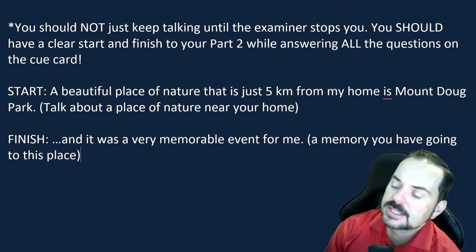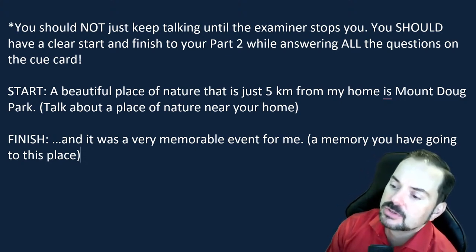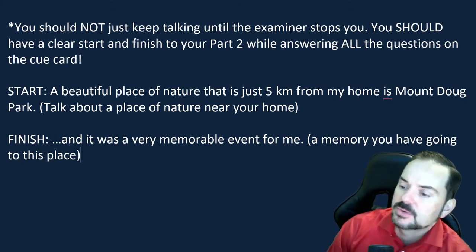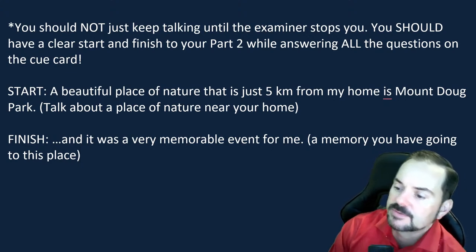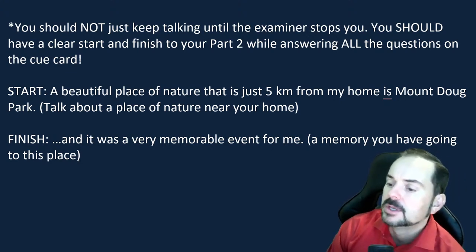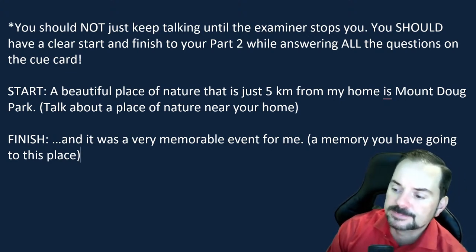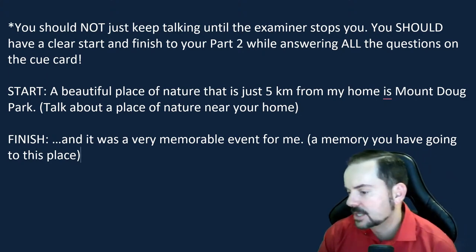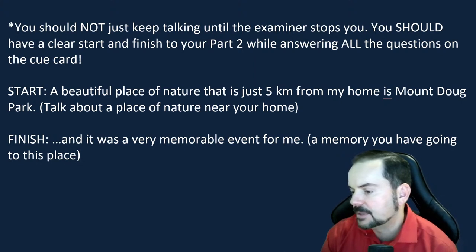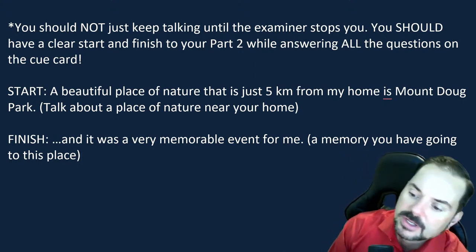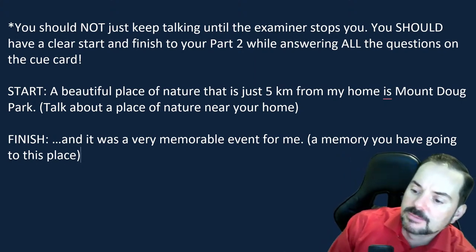Let's see. Ghazi says the amazing natural location is Mount Doug Park, which is located in my city, Victoria, and it's just 5 kilometers from my home. Yeah, that's a good start, Ghazi. Amra says the one nearest and fabulous same time park. Amra, that's awkward. Just keep it simple.